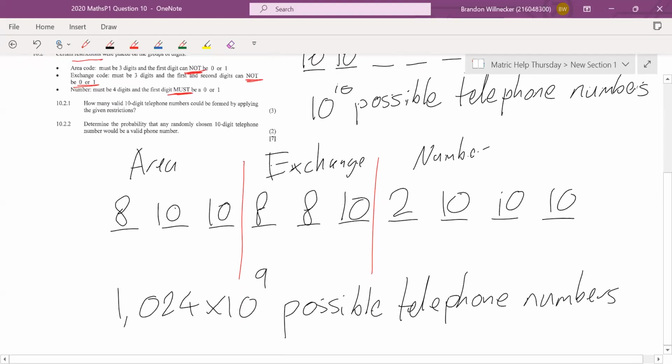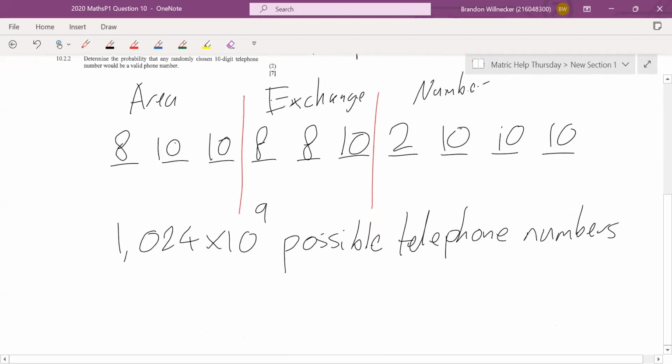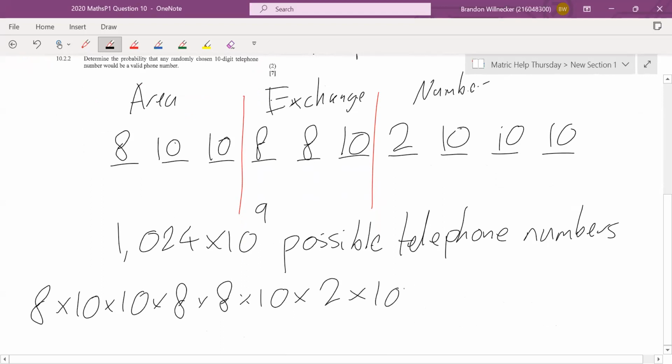If you have any questions about this, please let me know in the chat and my colleague can help you out. Why is it 1,024 times 10 to the 9? Oh, this is just scientific notation. So I've just multiplied everything out. So it's 8 times 10 times 10 times 8 times 8 times 10 times 2 times 10 times 10 times 10.